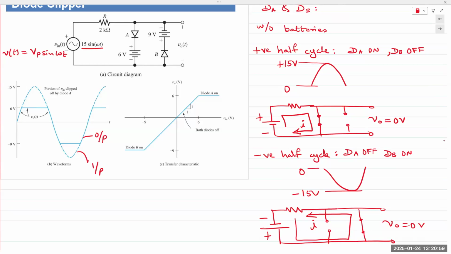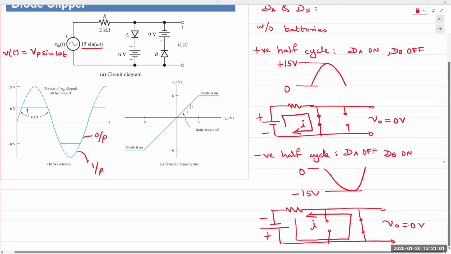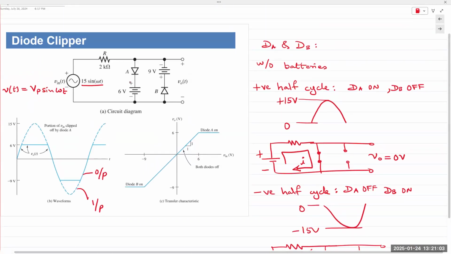Now, if we insert a battery in there, what happens? If plus 6 volts is connected to the cathode, what does it mean? The cathode of diode DA is always held at plus 6 volts. So the cathode, instead of being at 0, is now at plus 6. The anode is at 0. The anode must rise above 6 volts for the diode to turn on.